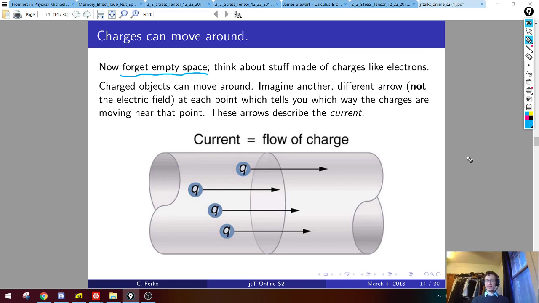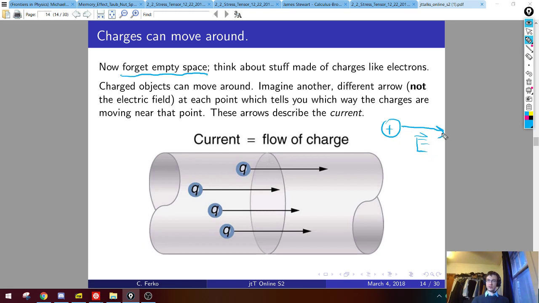So the punchline is that when an electric field exists within matter, the charges which make up that matter are going to move. As it turns out, almost by definition, a positive charge, like a proton, is going to move in the same direction as this electric field arrow.